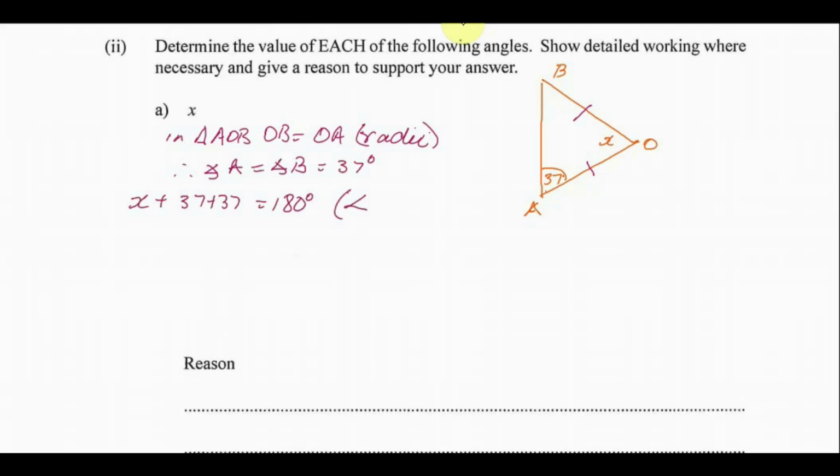And the reason is angles of triangle AOB. So x now would be equal to 180 minus 74, which is equal to 106 degrees.